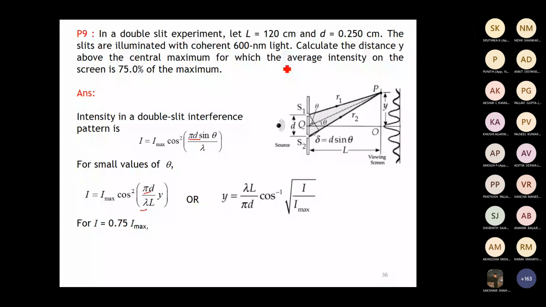So I is given as 0.75 times I max. Then you have to find out y, at what distance you will get such an intensity, which is 48 micrometer.